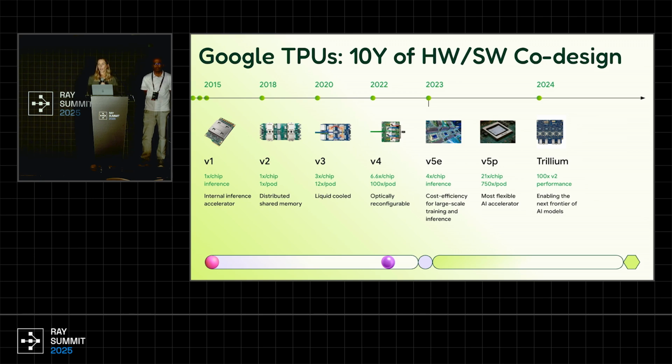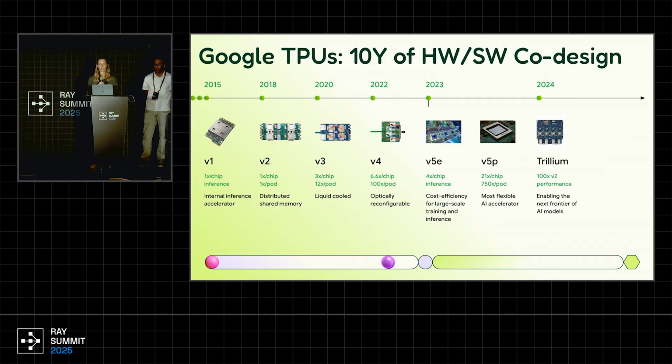Google has a custom-built chip and has been developing it over the last 10 years, iterating on it almost every single year since 2015. TPUs are really special because they have specialized hardware components that solve for problems that are really unique to AI workloads in general.